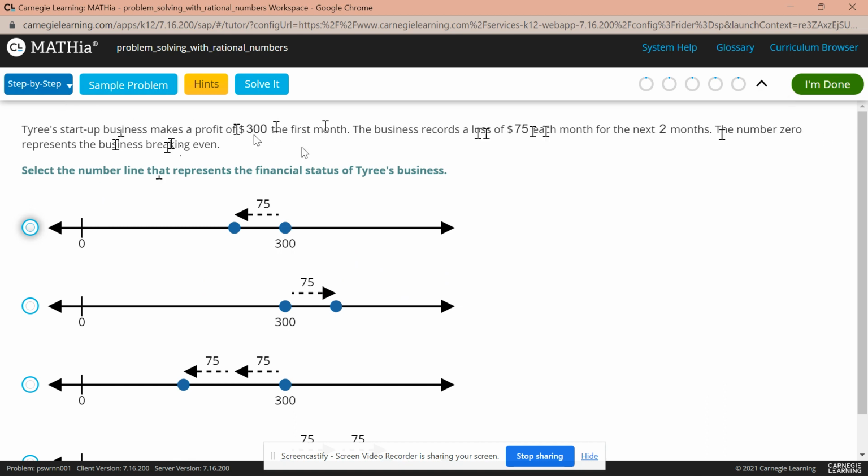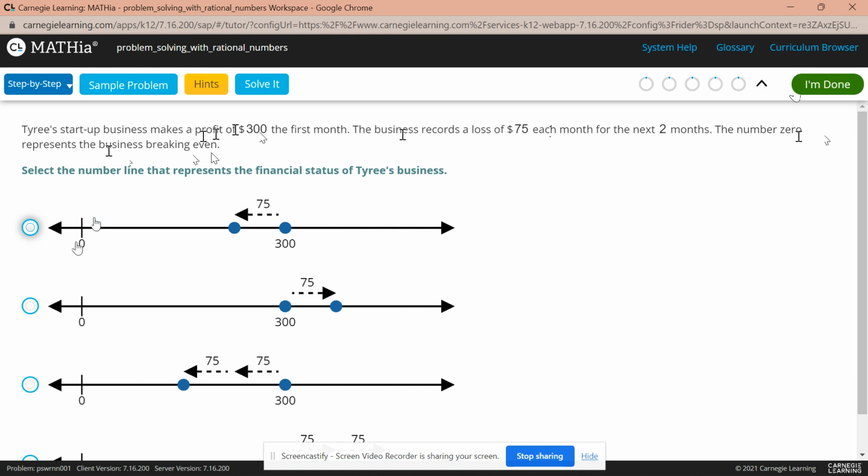We know that in the first month, he made a profit of $300. That word profit is a positive number. It means that when we think about 0 and what it represents, his breaking even, meaning whatever supplies he had to purchase, when he made money from the product, it just covered that. There was nothing extra.